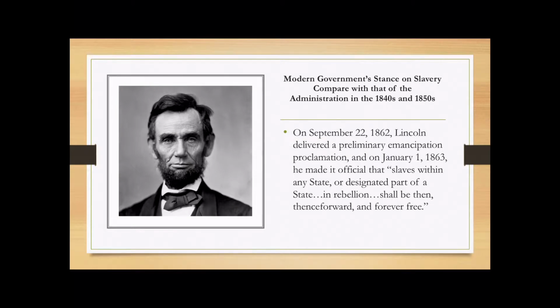By freeing some 3 million black slaves in the rebel states, the Emancipation Proclamation took out the Confederacy of the majority of its labor force and put international public opinion strongly on the Union side. This showed that something changed from the stance of the 1840s and 1850s administration.